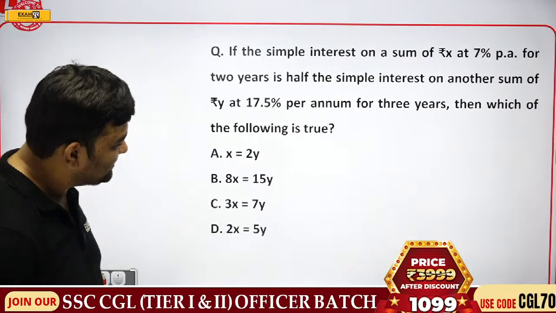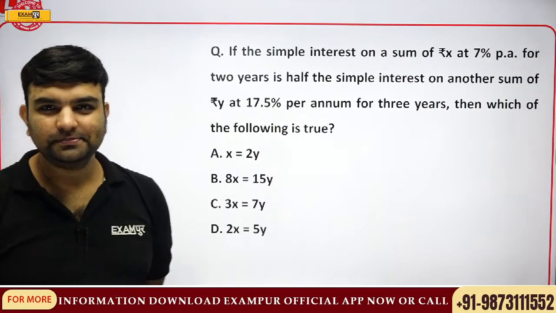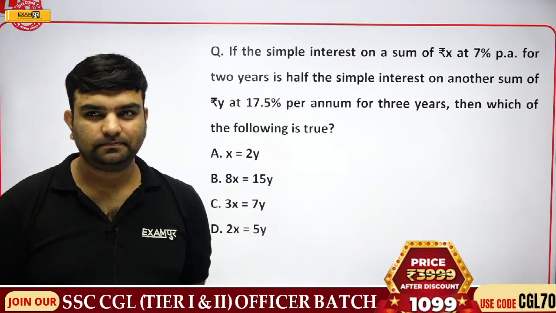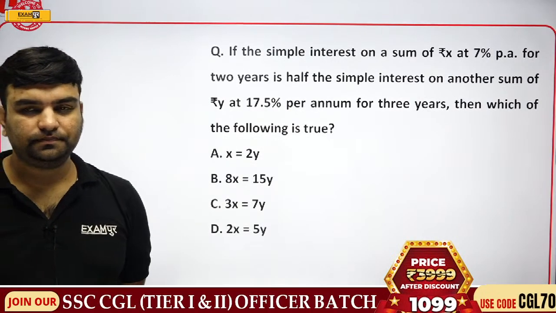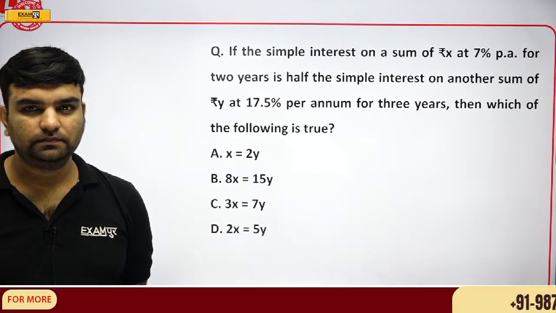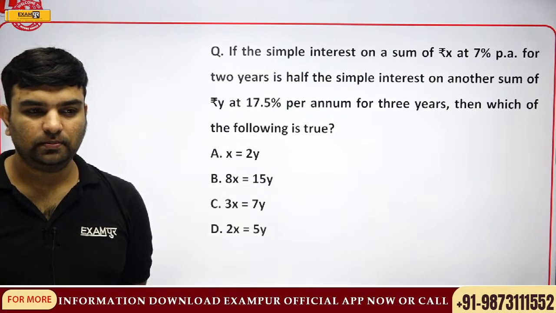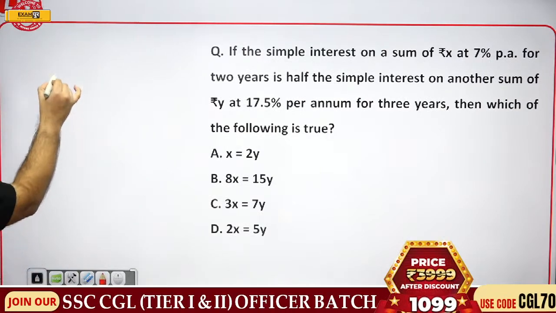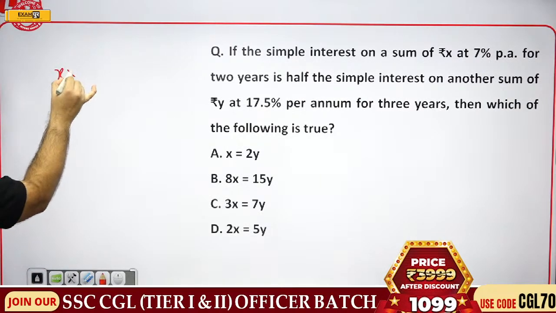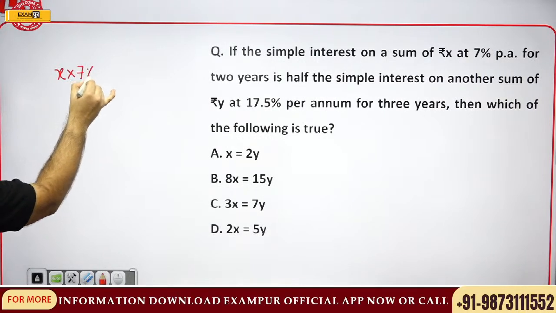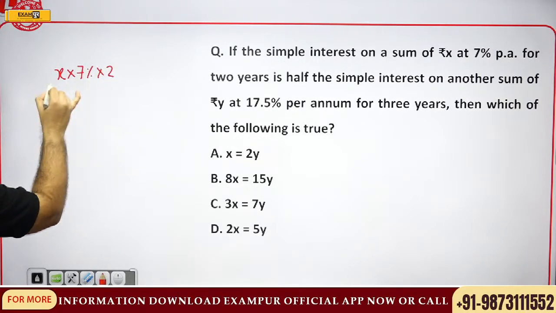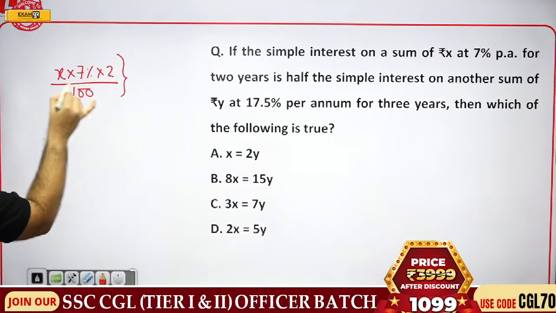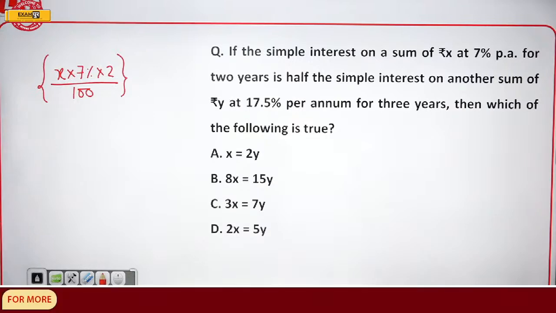Okay, do this question. Good one. Simple interest on a sum of X at the rate of 7% per annum for 2 years. SI is PRT over 100.